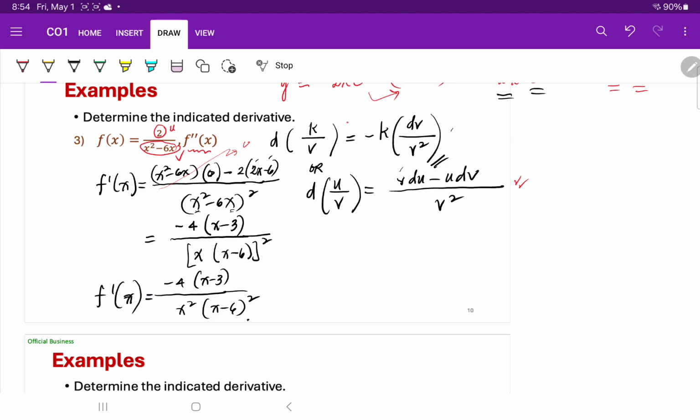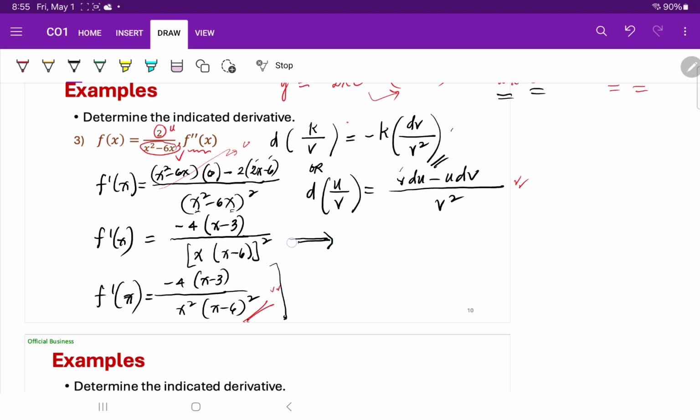Okay, this one. Now, if you're going to analyze, you still have to solve for the second derivative. So, you have to differentiate this one. But look, which one is easier to differentiate? Because this is also your f prime of x. Kasi you need to differentiate the first derivative again. This form here is hard to differentiate rather than simplifying this.